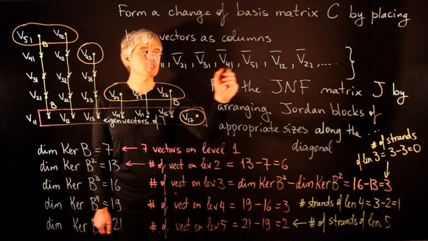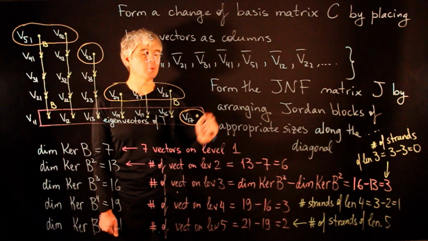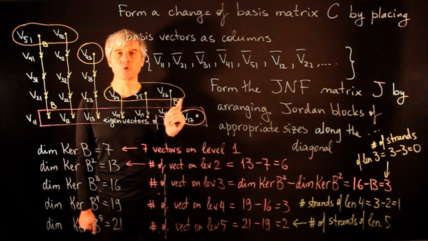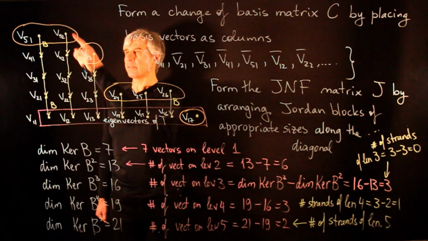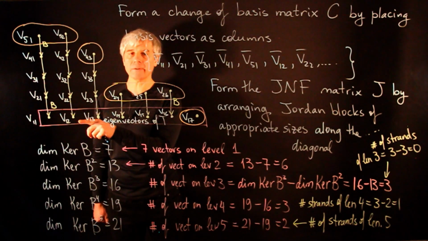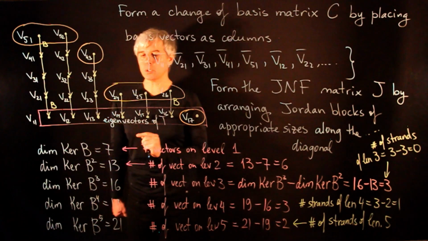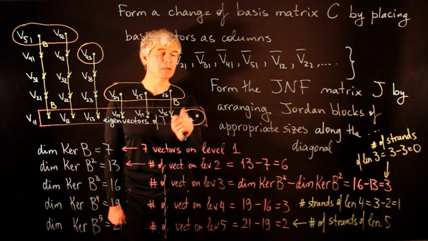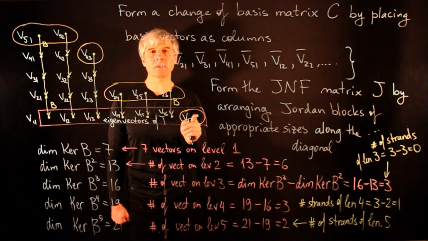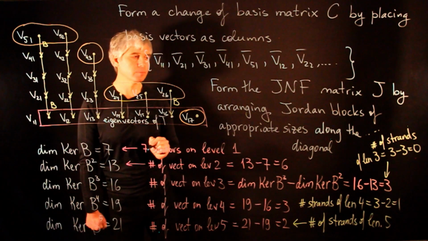So here our first strand had length 5. So this means that first we put a 5 by 5 Jordan block with eigenvalue lambda on the diagonal. The next Jordan block also will have size 5 by 5. Then we place a 4 by 4 Jordan block, then 3 2 by 2 Jordan blocks, and finally we will place a 1 by 1 Jordan block, which is just eigenvalue lambda on the diagonal.